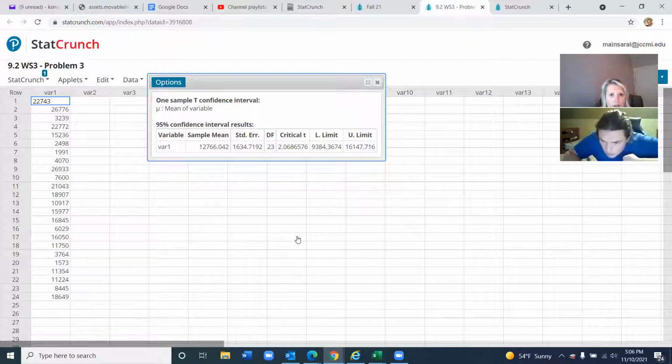So our critical t is 2.068. And our lower limit is 9384.3674, and our upper limit is 16147.716.